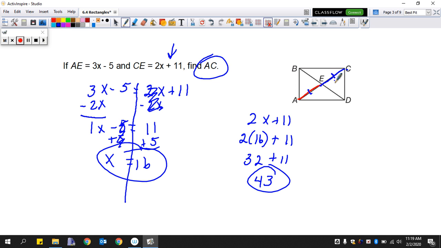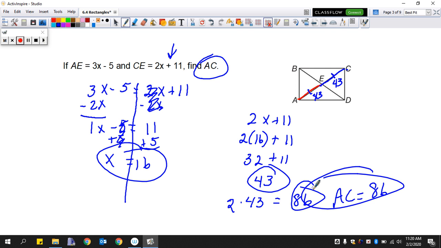Like we noticed before, the two halves are congruent. So both sides are 43, and 2 times 43 is equal to 86. So AC equals 86.